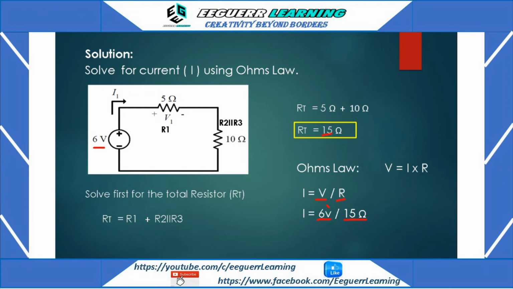Now 6 volts divided by 15 ohms will give us what? Total current, which is 0.4 ampere. Okay, so this is our answer for this given problem.